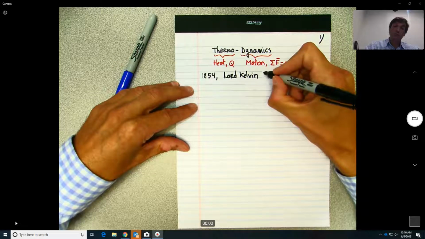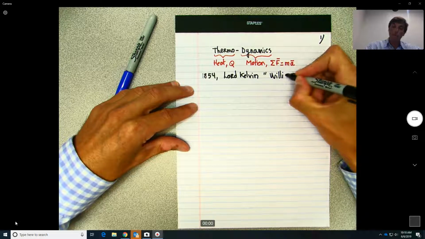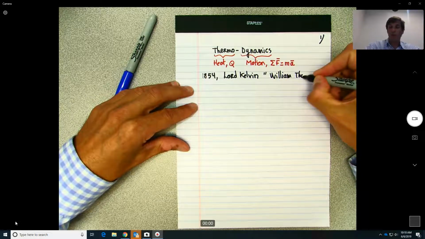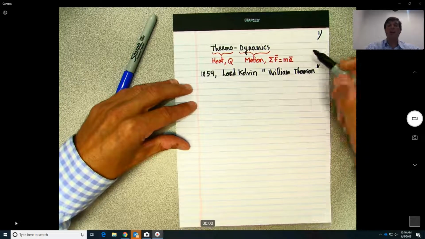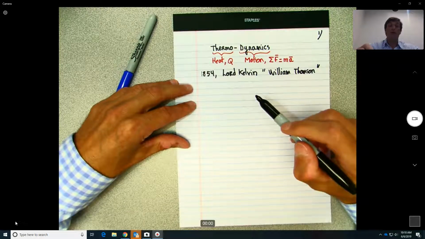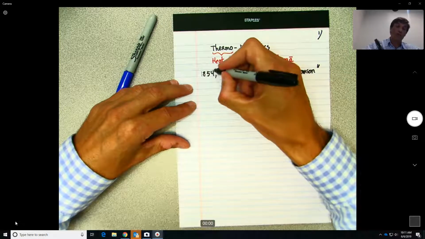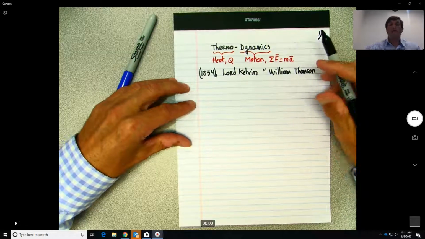And Lord Kelvin, his real name was William Thomson, but he was basically a noble in England, so he had the title of Lord Kelvin. In one of his works, he was the first one to use the term thermodynamics.